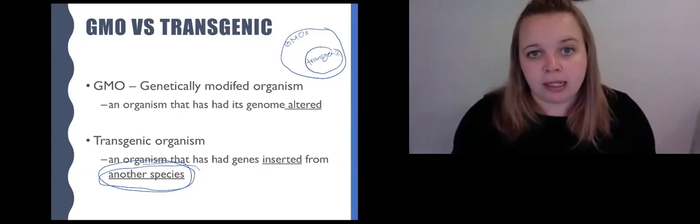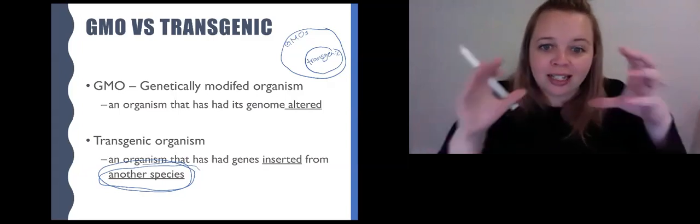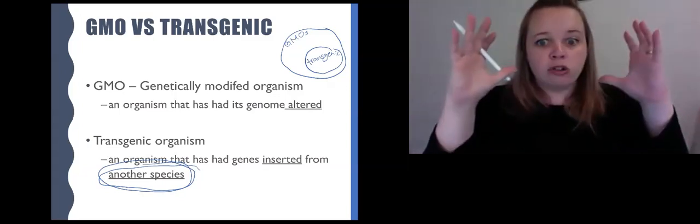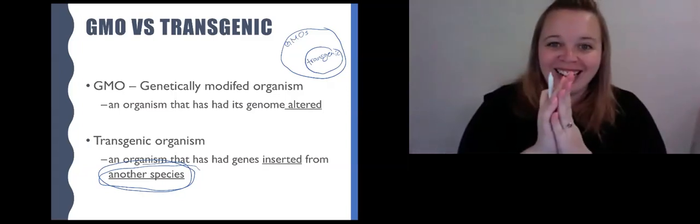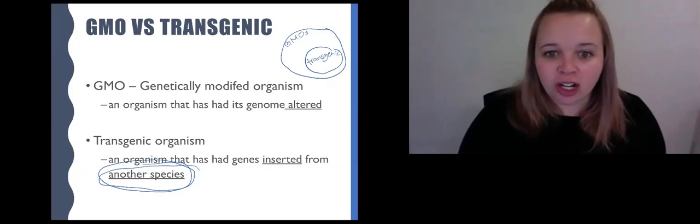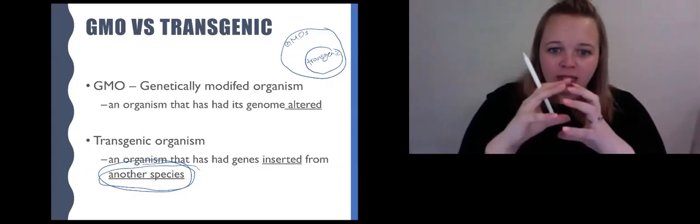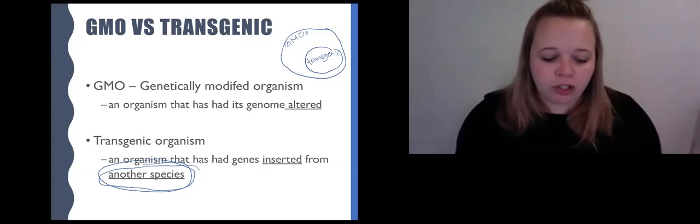That's the other species. So transgenic is a subgroup of GMO. So this is what I like to think of it. Not all GMOs are transgenic, but all transgenic organisms are genetically modified organisms. So that's why it's a little subgroup within the larger group of GMOs.